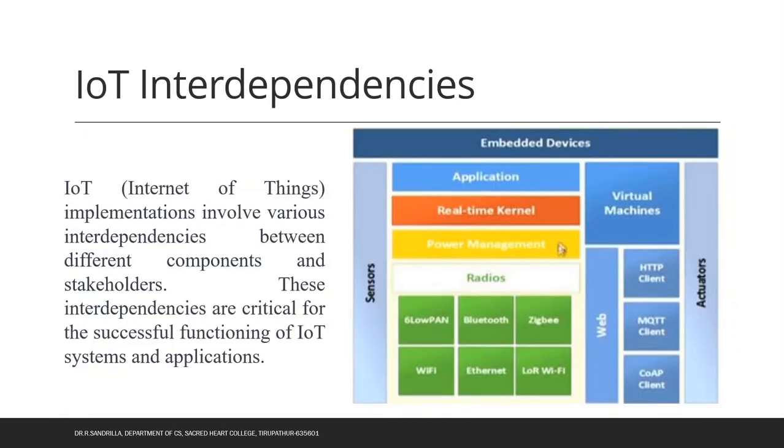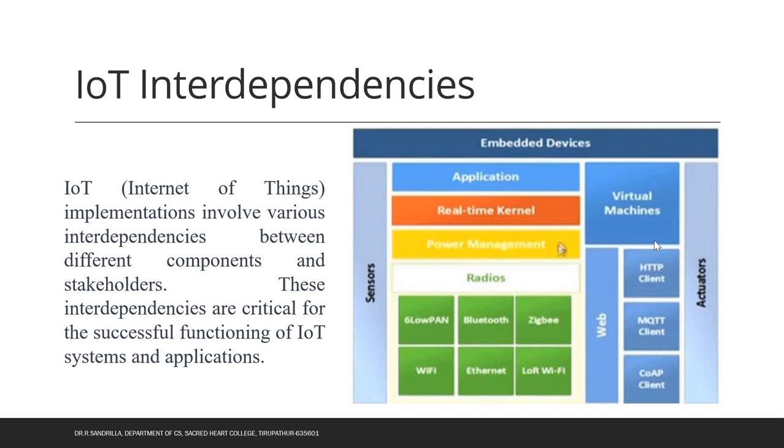Next, what are IoT interdependencies? Internet of Things implementations involve various interdependencies between different components and stakeholders, and these interdependencies are crucial for the successful functioning of IoT systems and applications.